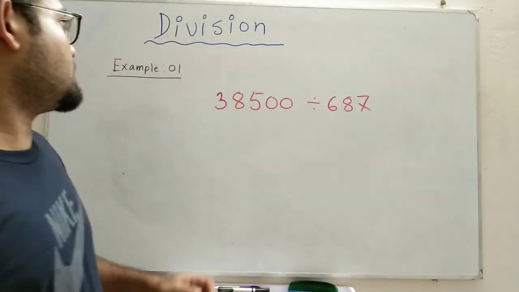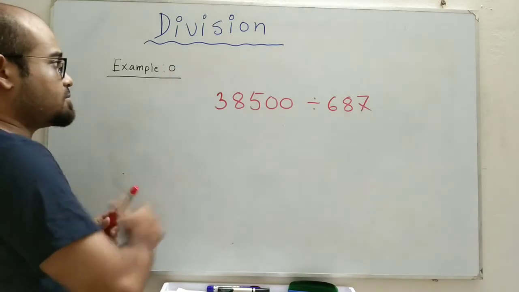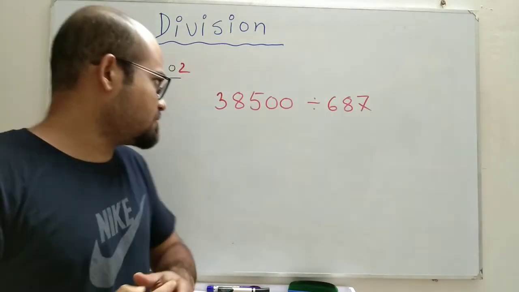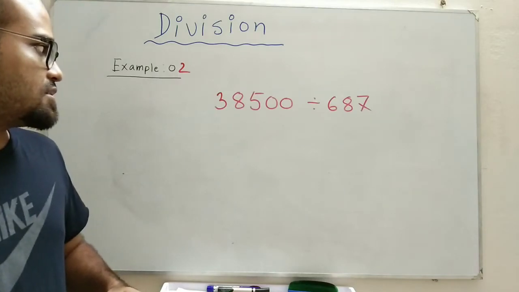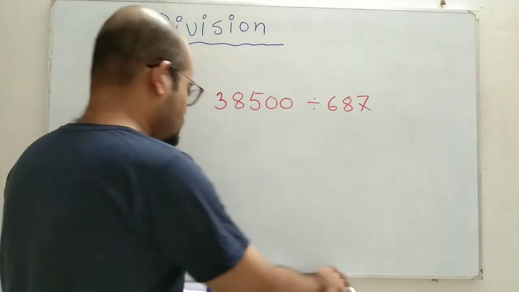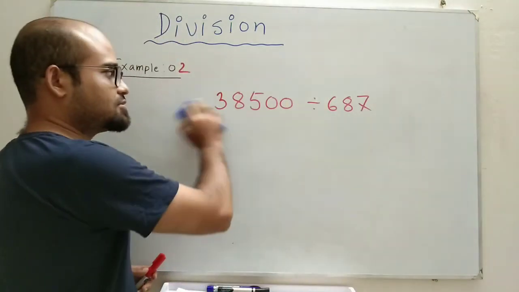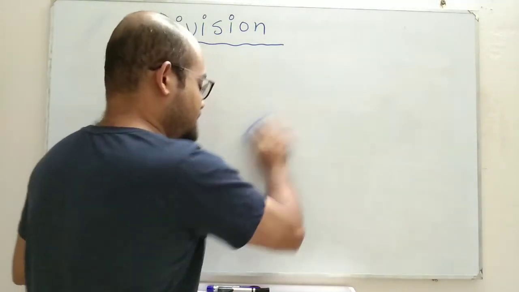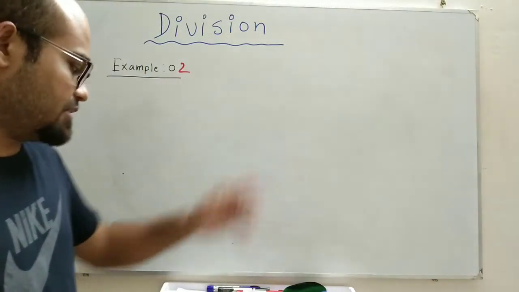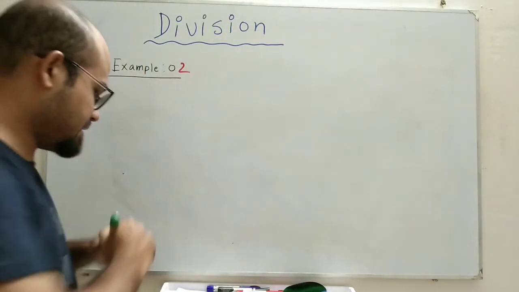Welcome back everyone with our second example. In the second example, we have been asked to divide 38,500 by 687. So as usual, what will we have to do? I have to rub out the original problem in order to give me a bit more board space.